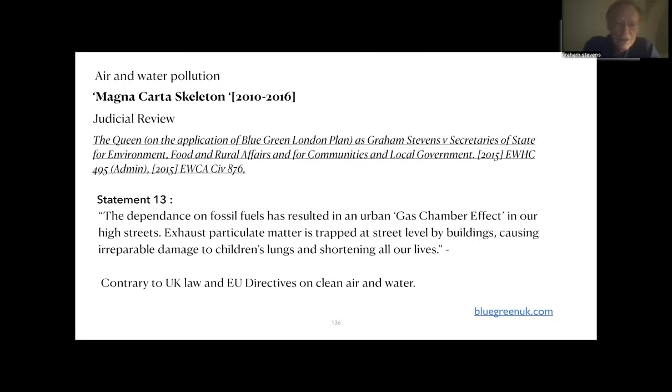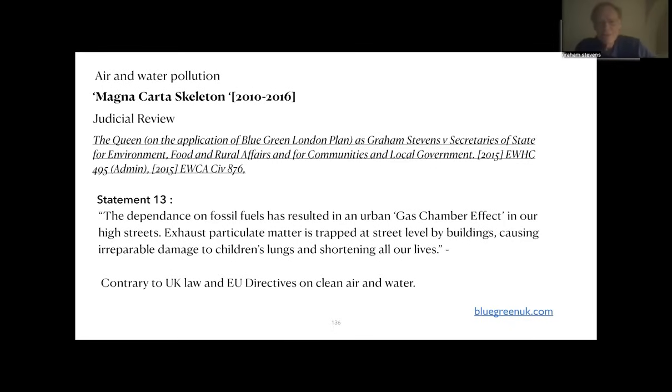This is statement 13, which is an image of the damage that the fossil fuels are doing by emitting greenhouse gases. The effect in towns is that they form a gas chamber effect in the high streets, where it concentrates the pollution and traps the particulate matter.